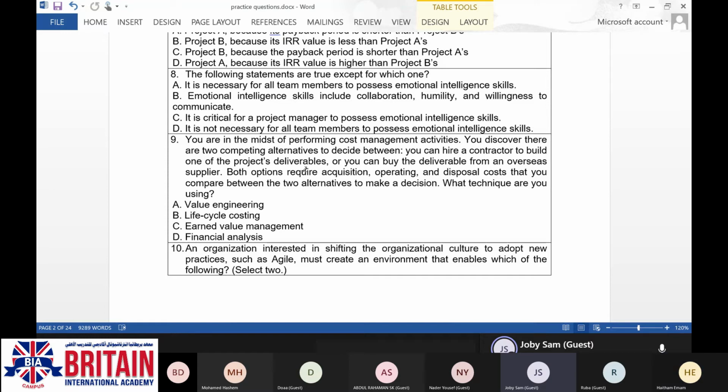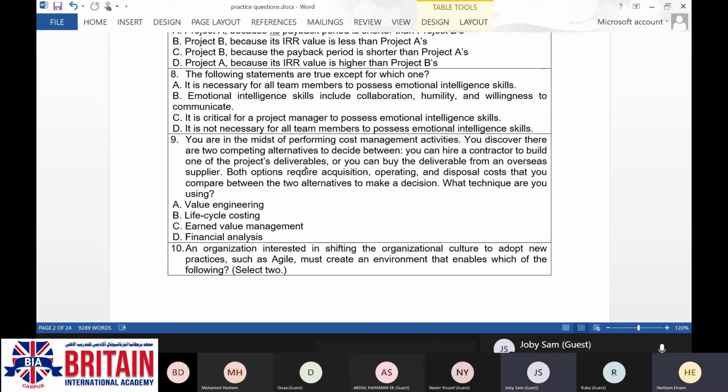You discover there are two competing alternatives to decide between. You can hire a contractor to build one of the project deliverables, or you can buy the deliverable from an overseas supplier. Both options require acquisition, operating, and disposal costs that you compare between the two alternatives to make a decision. What technique are you using?